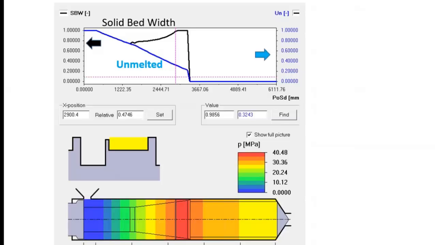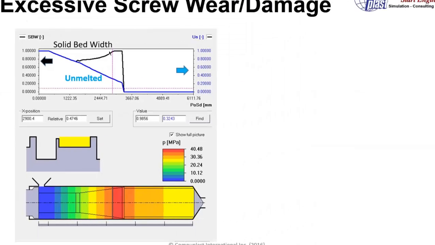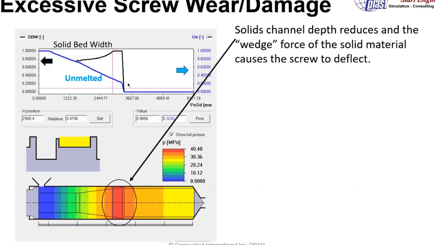And as a result, you're squeezing the solid bed and spreading it to make it wider and wider and wider until ultimately at this point it goes to a value of 1, which means that the channel is full of solid material. There's no more melt pool in there, and here is where you're restricting your melting rate in your barrier screw. Now you can see here that we are still continuing to melt, but at the end of the barrier screw we still have about 30% unmelted material.